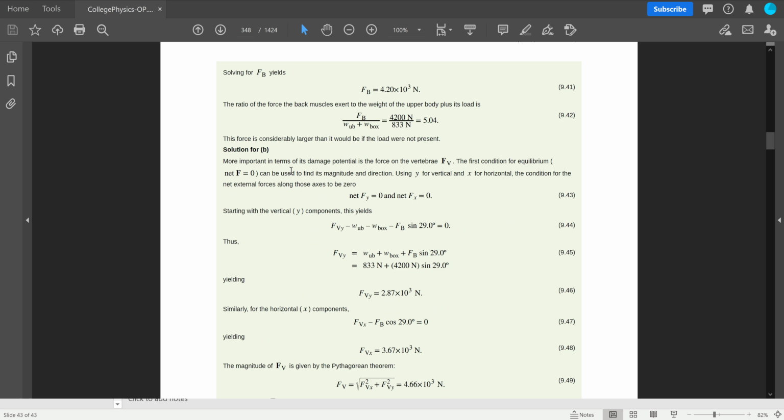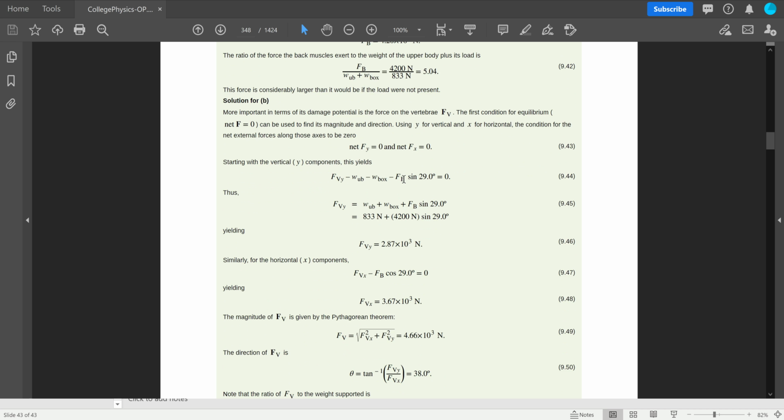So for B, more important in terms of its damage potential is the force of the vertebrae FB. The first condition for equilibrium, which is our net external force equals 0, can be used to find its magnitude and direction. Using y for vertical and x for horizontal, the condition for net external forces along those two axes equals 0.